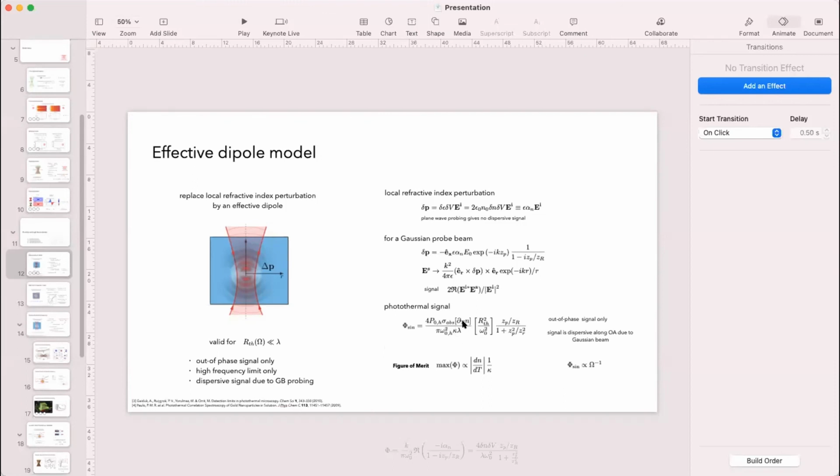So if you could increase or decrease that, you would get a larger signal, of course. That is what it says. That's why I called it a figure of merit, because it defines everything from the material side. But of course, you can also increase the pump power, which you probably don't want, or you can increase the probe power, but this is a relative signal. So for the relative signal, it doesn't really matter in the end, the probe power.